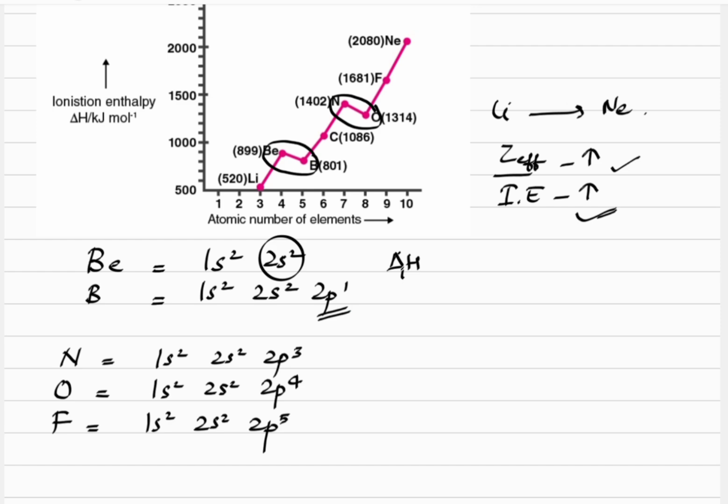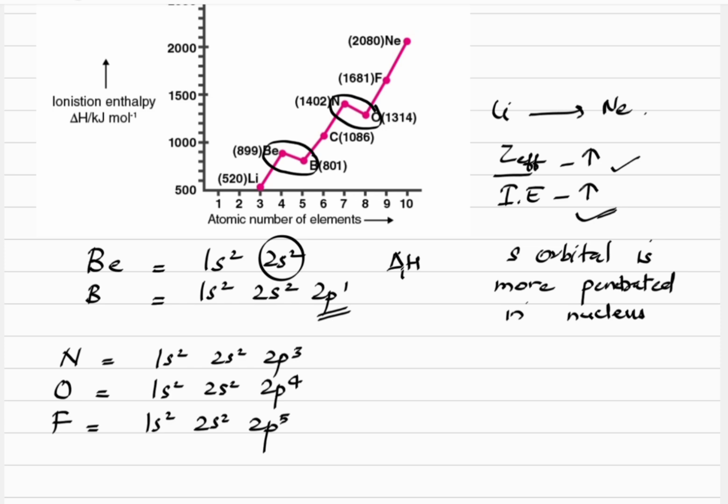Okay, now removing the electron from p orbital is much easier than removing the electron from s orbital. Why is that? Because s orbital is more penetrated into the nucleus. That means it's closer to the nucleus than p orbital.